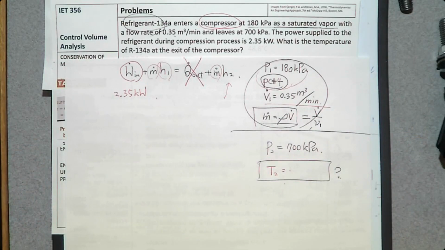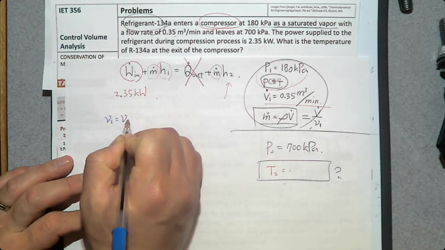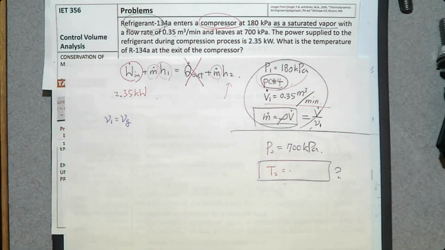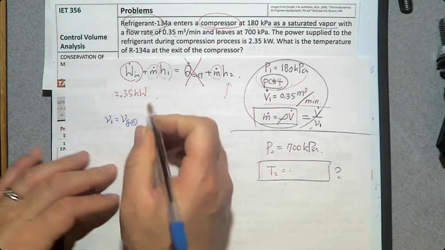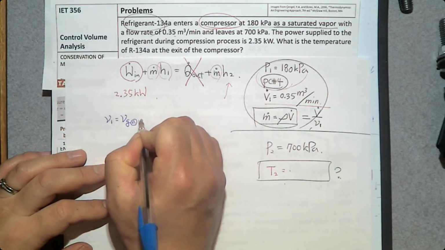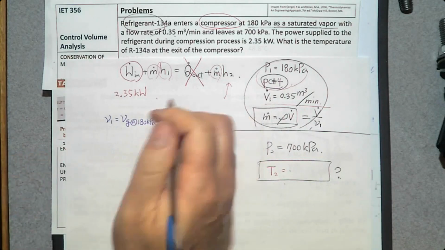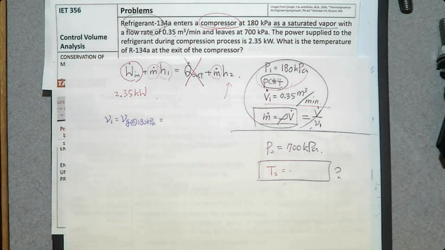Oh wait, it's a saturated vapor. If you have a saturated vapor, V1 is just Vg. But not just Vg. This is the Vg at the given condition. What is the condition? 180 kilopascal.